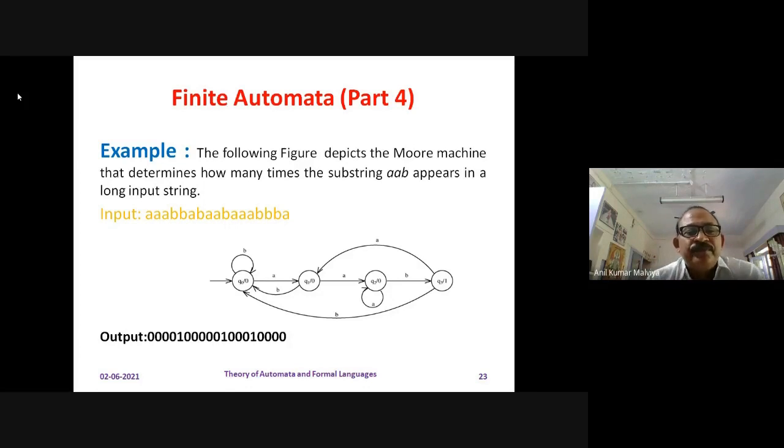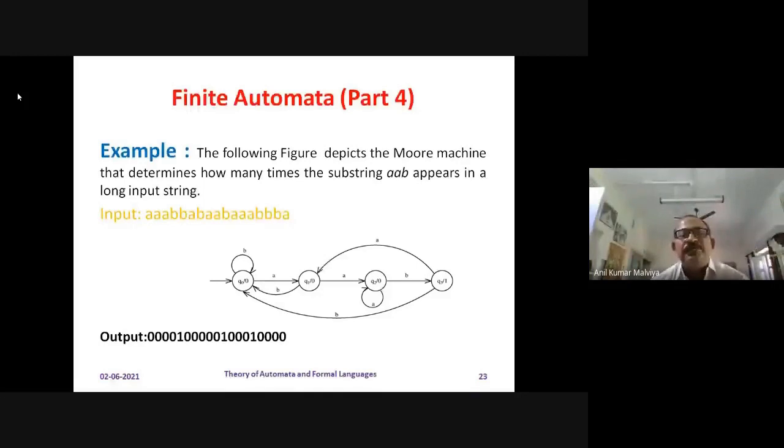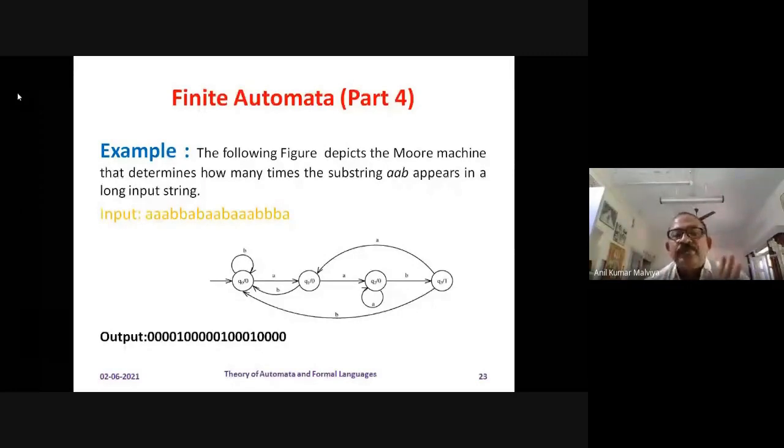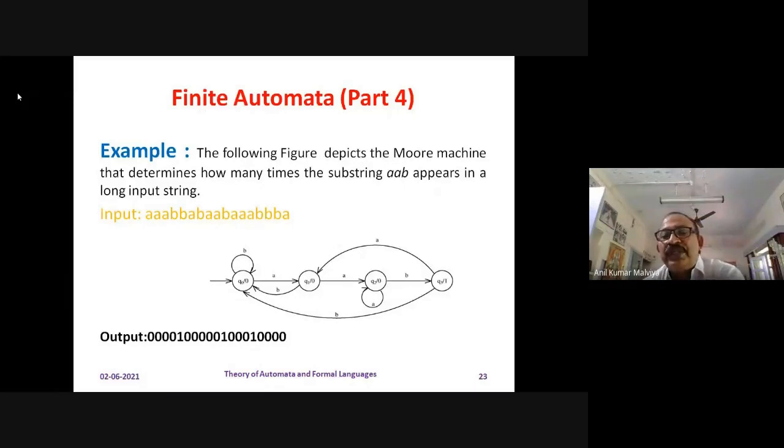Suppose the machine is in state Q0 and the input is A, then it goes to state Q1 and prints 0. Now the machine is in state Q1, the input is A, it goes to the state Q2, prints 0. At this time, the machine is in state Q2 and the input is B, it goes to the state Q3 and gives the output 1.